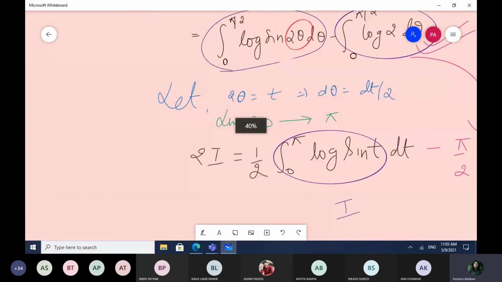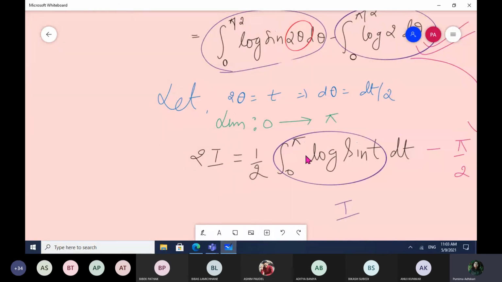You see, property number 6 we can apply here. Your property number 6 will convert your limits of integration from 0 to pi to 0 to pi by 2, that is, 0 to 2a to 0 to a.